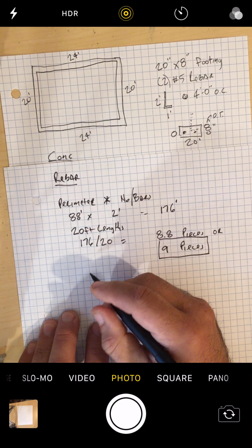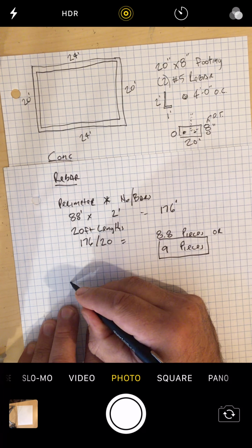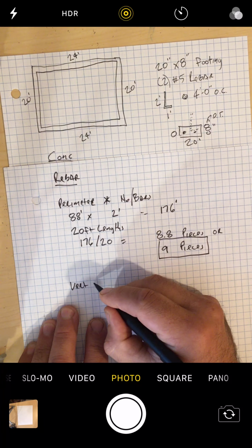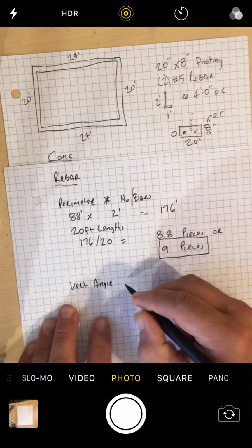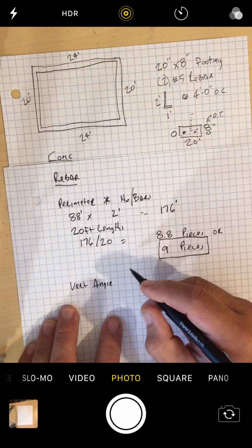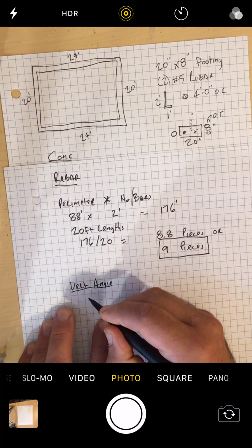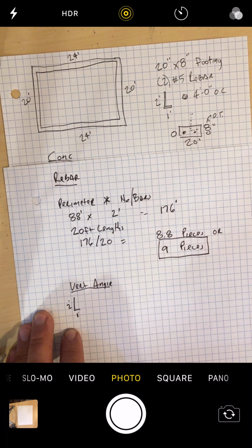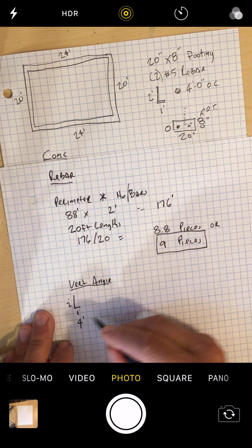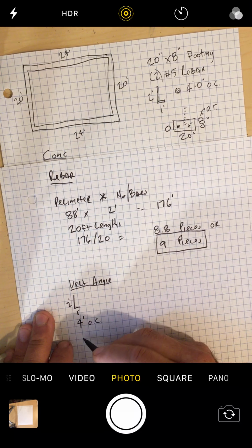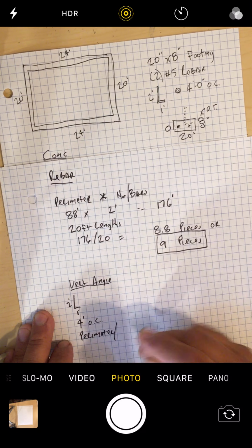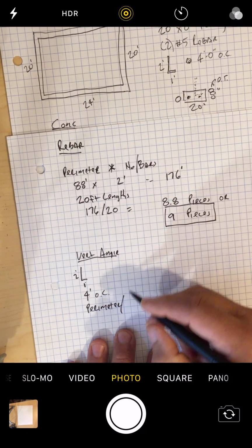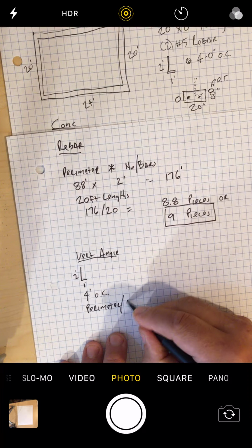And then the last thing is going to be the vertical angle. The reinforcing piece that connects the footing to the foundation. So in this case here, and I drew it up above, it's a 1 foot by 2 foot piece. I'm also calling that out as 4 foot on center. So I'm going to take my perimeter, divided by my spacing.